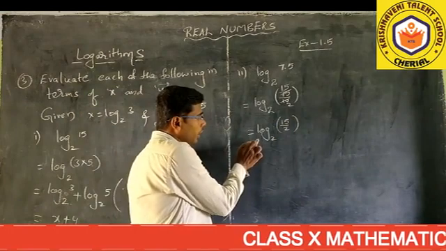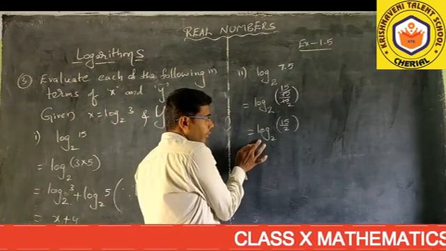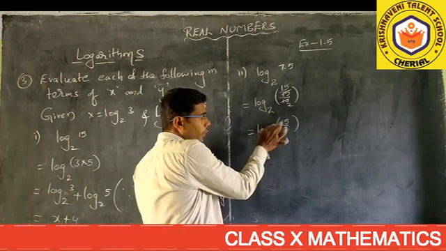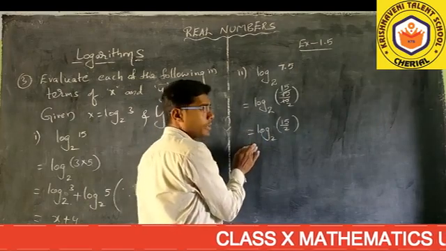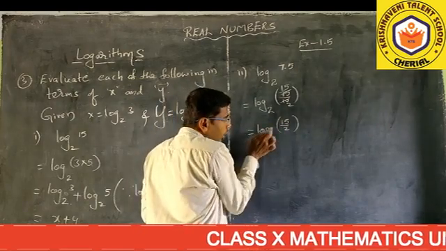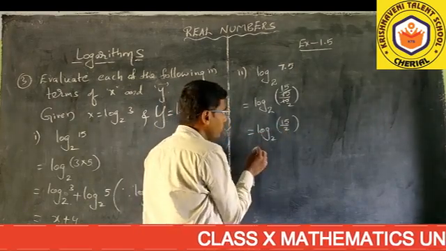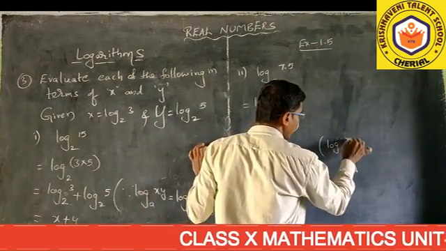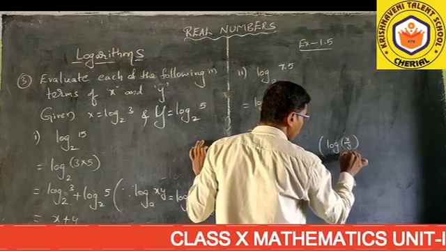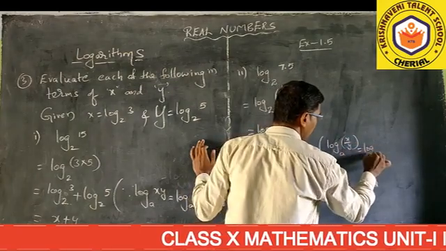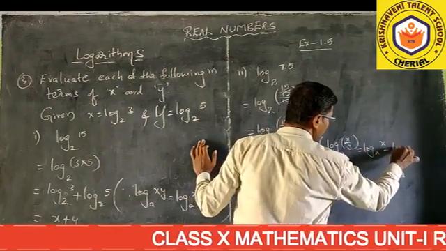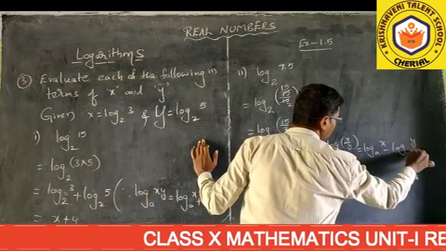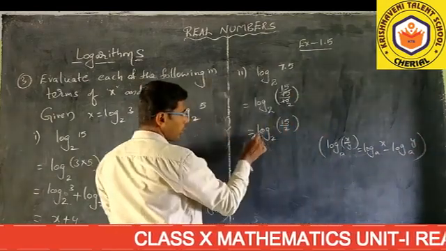Now if you observe properly, in which form is this problem? Log 15 by 2 to the base 2 is in the form of the second law. What is the second law? Log x by y to the base a equals log x to the base a minus log y to the base a. By that form, what can you write now?